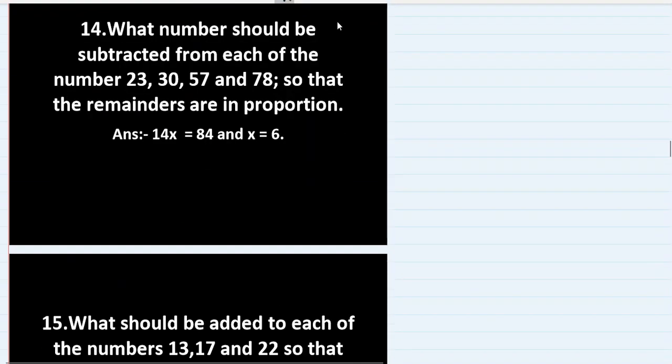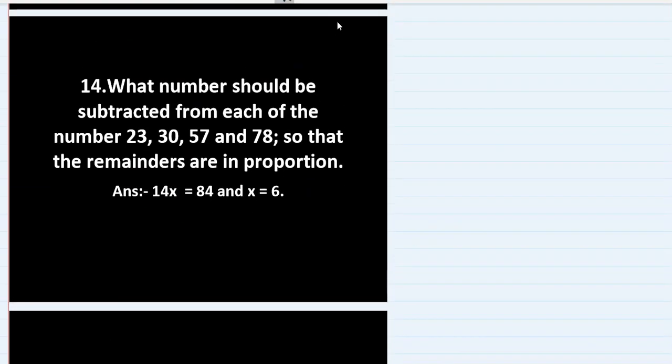Next question. What number should be subtracted from each of the numbers 23, 30, 57 and 78 so that the remainders are in proportion? Okay. Let me just first make it a little small.